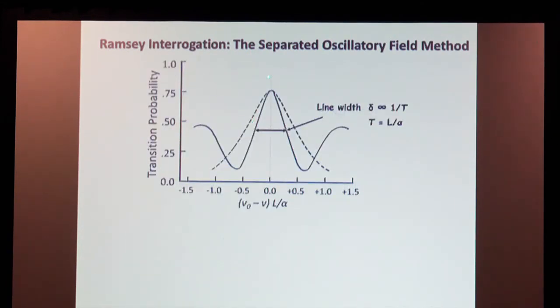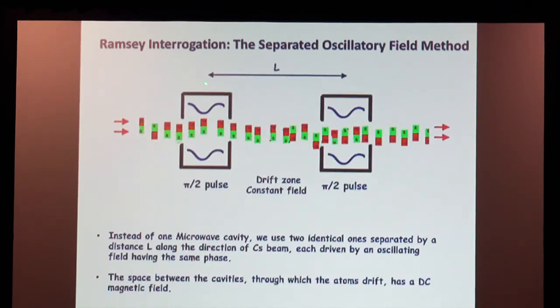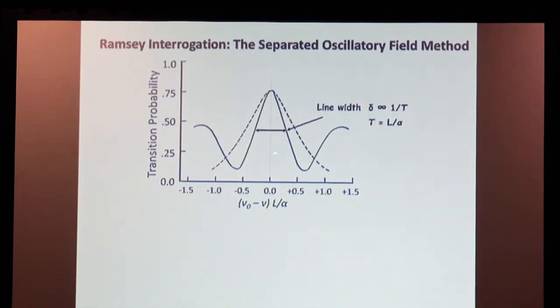And when you have that, it turns out that the probability curve is narrower. The line width becomes 1 over T, where capital T is capital L divided by alpha, which is much longer. That's the separation between the two cavities. So this can be made narrower.